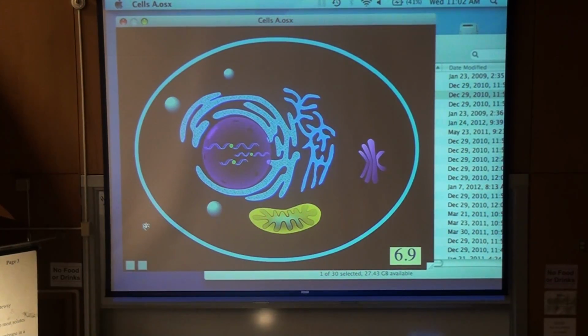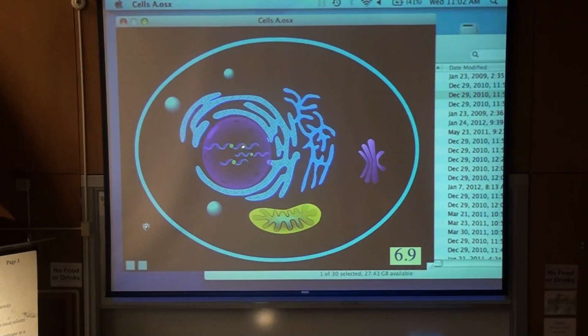Now that being said, there are several things that are the same between prokaryotic cells and eukaryotic cells. As a matter of fact, you can say these are common features of all cells, and they are the plasma membrane, sometimes called the cell membrane. All cells, no matter what type, have that. All cells have a cytoplasm, which is sometimes called the cytosol, which is the watery liquid that fills up the cell.